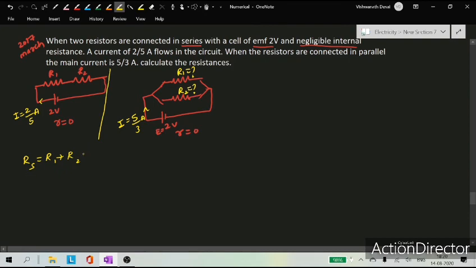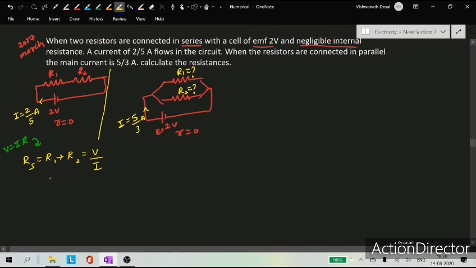But according to Ohm's law, what we can write, the resistance value is equal to V divided by I, right? V is equal to IR, that formula we are using here.